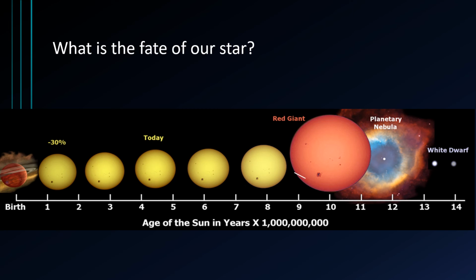About right here is today, and about right here is where the sun will have grown so luminous that life cannot exist on planet Earth anymore. About right here is where our star will grow so much that it engulfs our planet, and eventually becomes a white dwarf.